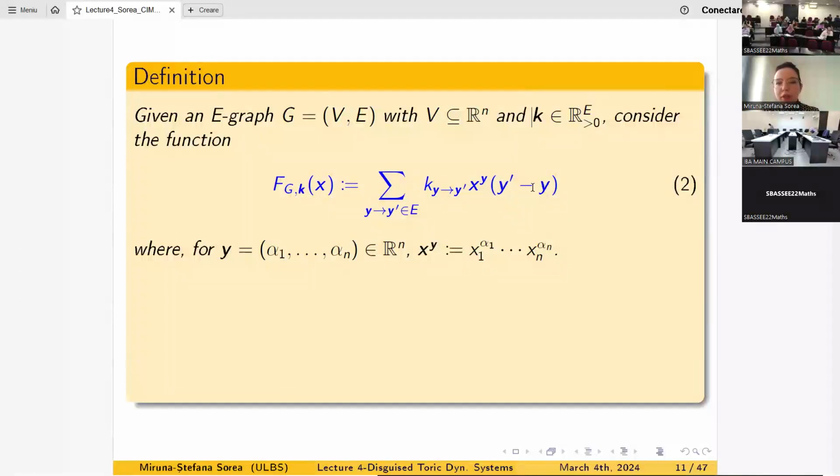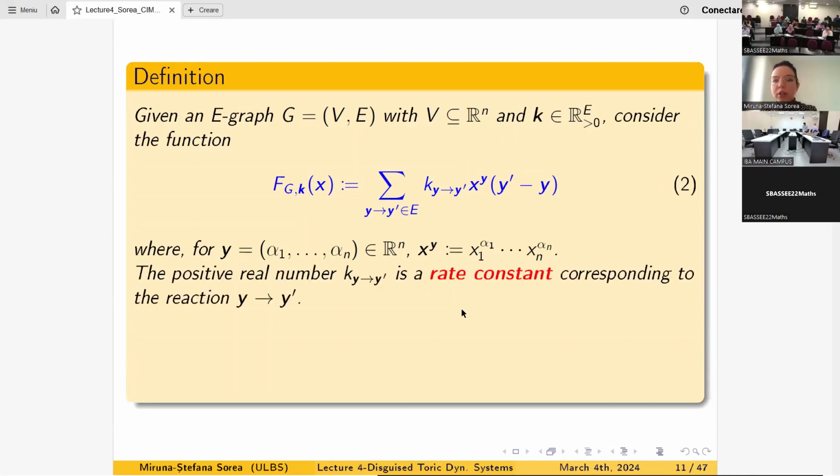We have the vertices of the graph and take these differences, target minus source, and the monomial x to the power y. That makes it exactly the shape we saw on Friday for creating the mass action system.